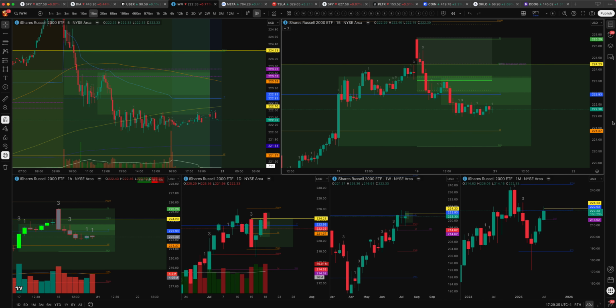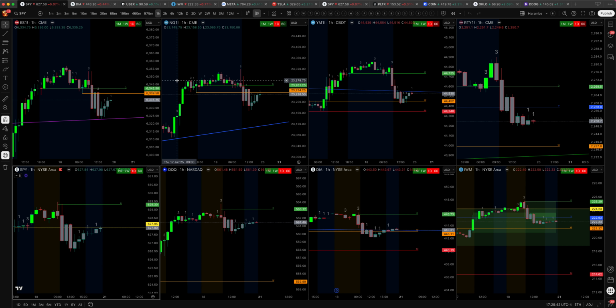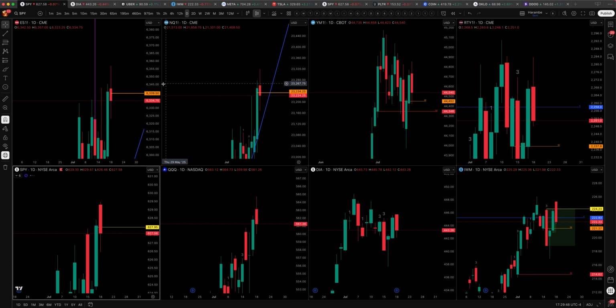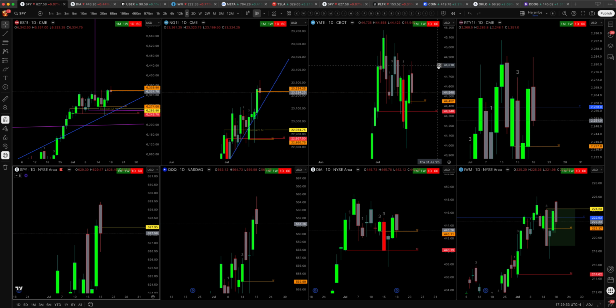And then it keeps going, and they still don't get out until they get to the point emotionally where they can't hold it any longer and they're out. So that's the problem, right? They're not holding it until they get their target, and then they're not exiting when they're supposed to exit.